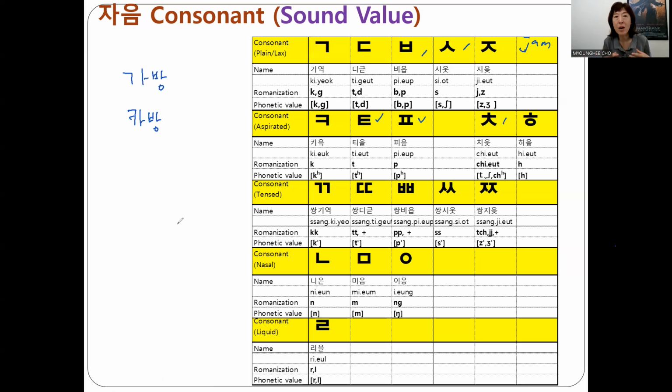It's not easy to recognize the exact sound because even though the speaker says 그, 가, this plain consonant, at the moment it came out from the speaker's mouth, it is affected by air.